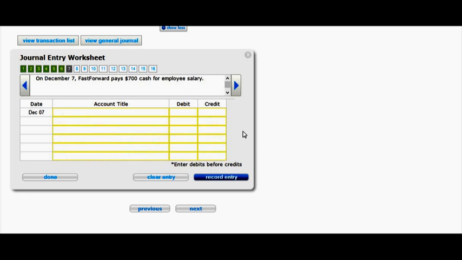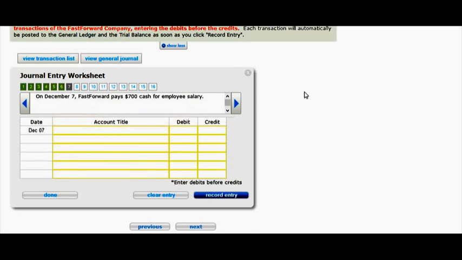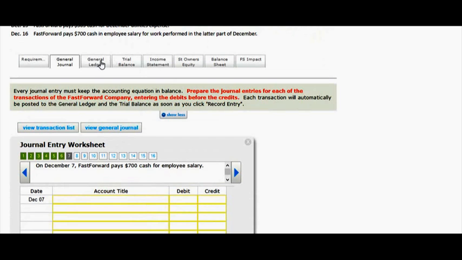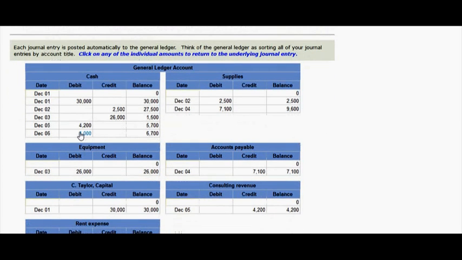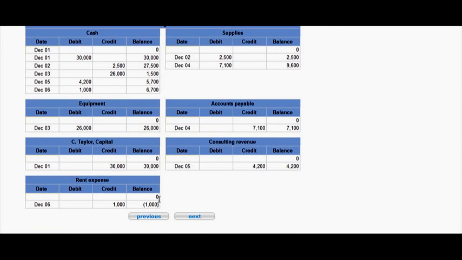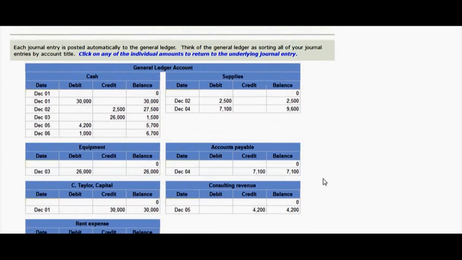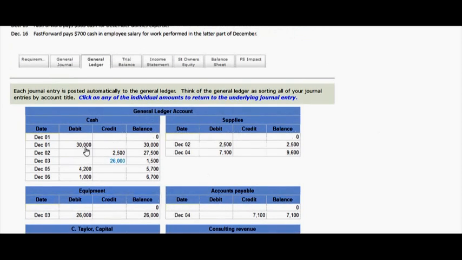And record it. Now before we do anything else, let's go back here and look at our general ledger. You will see that under cash, we just debited cash for $1,000. And rent expense is a negative. That's incorrect. You can't have a negative expense. Well, it would be very weird to have a negative expense.